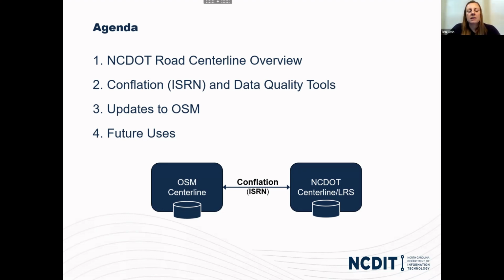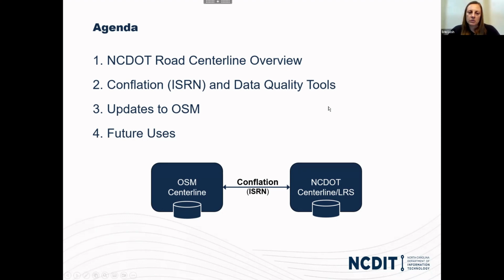They're different. And so what we do in leveraging OpenStreetMap is we conflate the two and we produce an output product called the ISRN. And we've also built a bunch of tools that support data quality. So through our conflation, we're able to compare the two different data sets and identify areas of improvement in data quality in both.